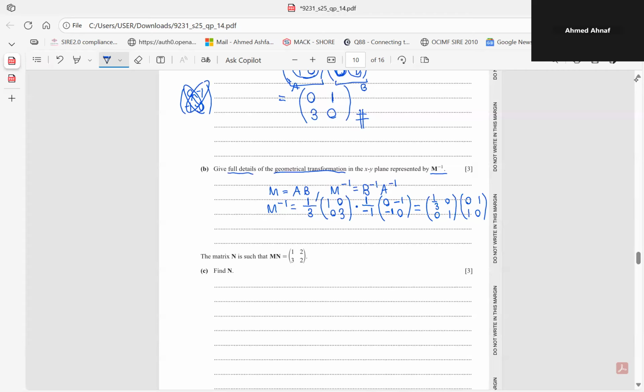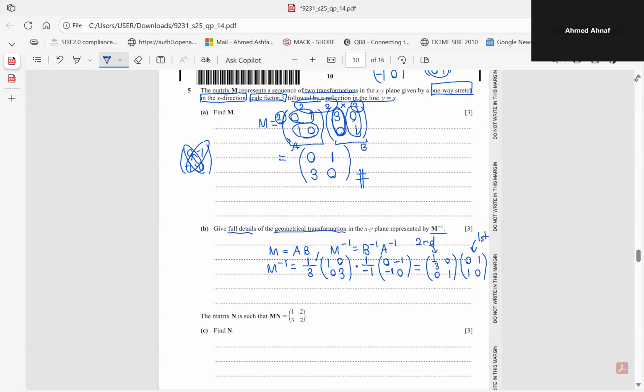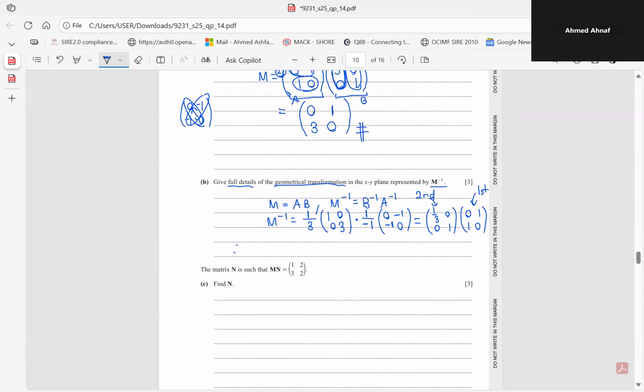Okay, and now we can see the geometrical transformations that it represents. So this is the first one, followed by the second one. The first one is obviously a reflection over the line y equals x. So we can say reflection over the line y equals x.